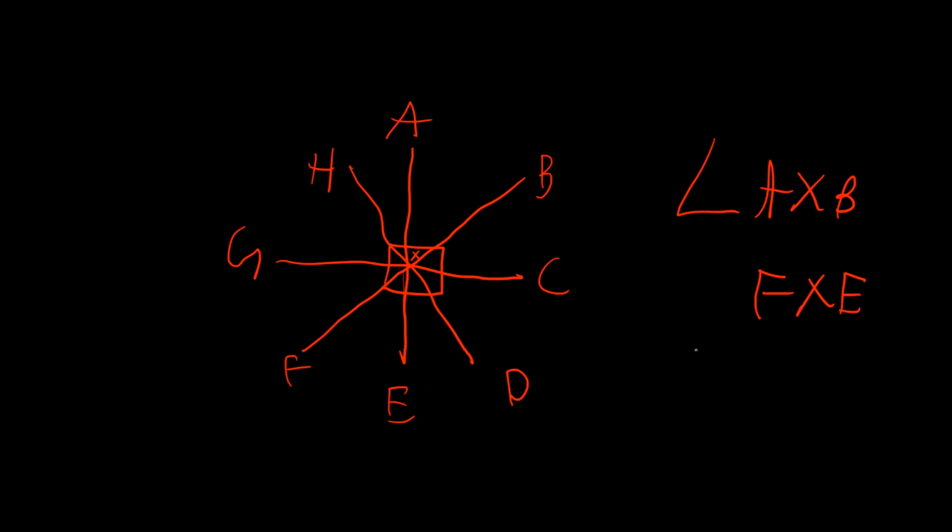Now let's find the vertical angle of GXH. The vertical angle of GXH is DXC because they are opposite from each other, have the same endpoint X but no same side.